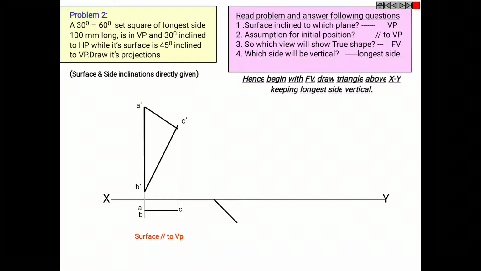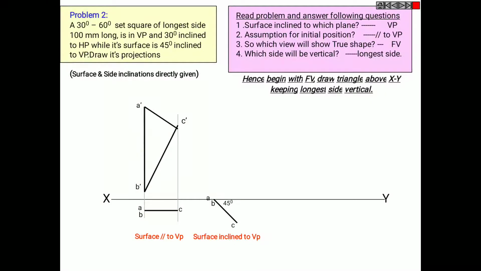Now it's saying that the surface is inclined to VP. Surface inclined to VP.